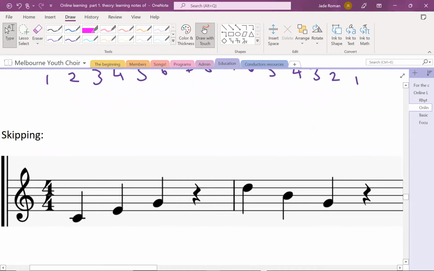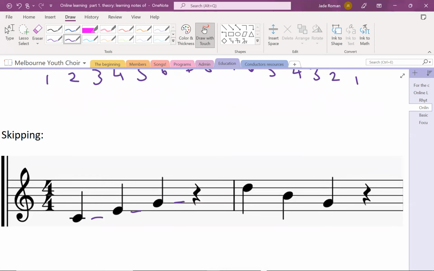Another one is skipping. You can see this goes from line to line to line and skips the spaces. Or it can be from space to space to space and skips the lines. That's called skipping. So instead of going 1, 2, 3, 4, 5, we say 1, 3, 5, and we skip a note. So that's another interval that we'll probably use. And this is a major third. This is a third interval, but it can also be called skipping.